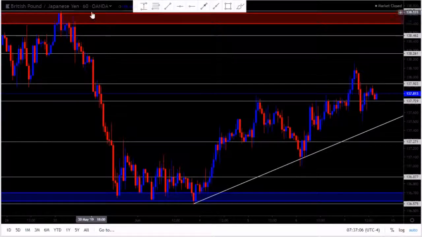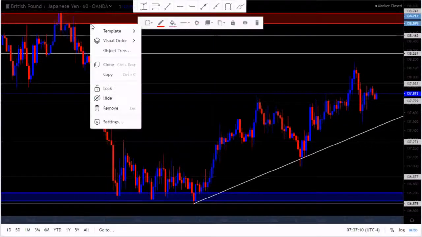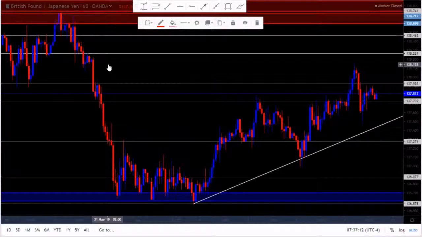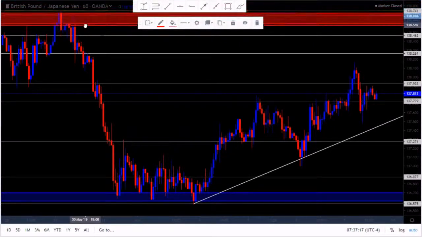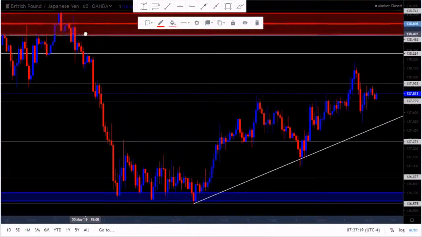So this is already boxed up, correct? You just right click and clone. Cloned in the wrong direction, so we're just going to drag this here and drag it down and place it right at the breakout, right line to line.